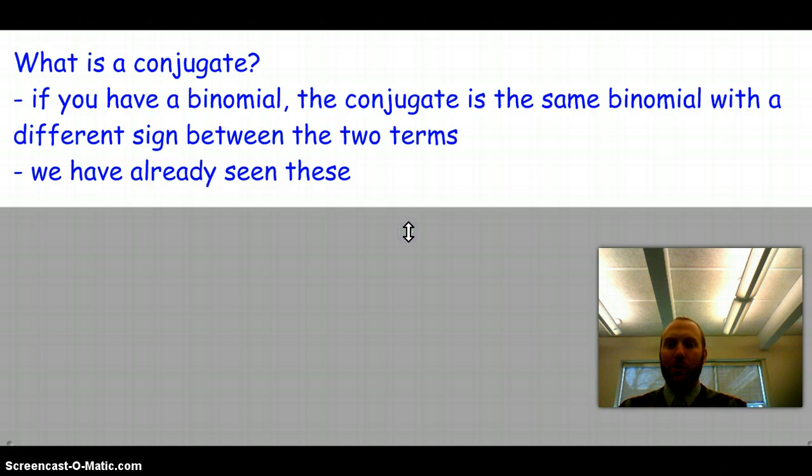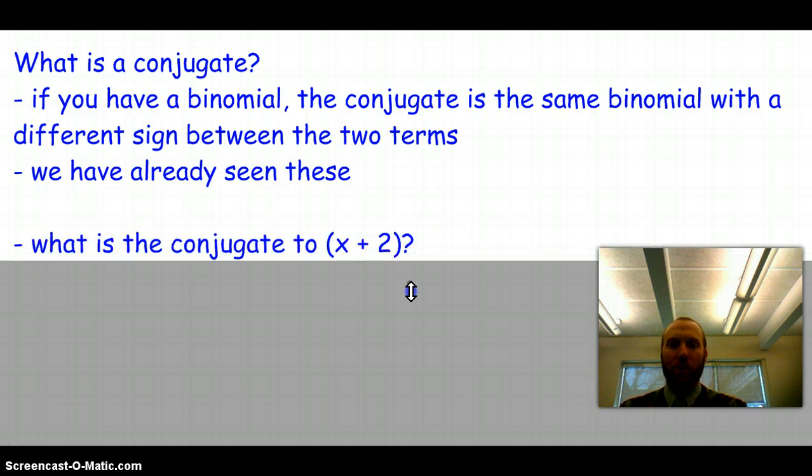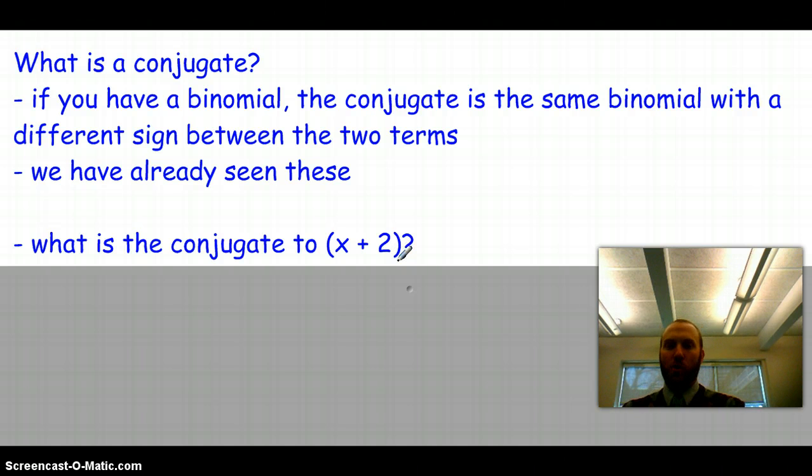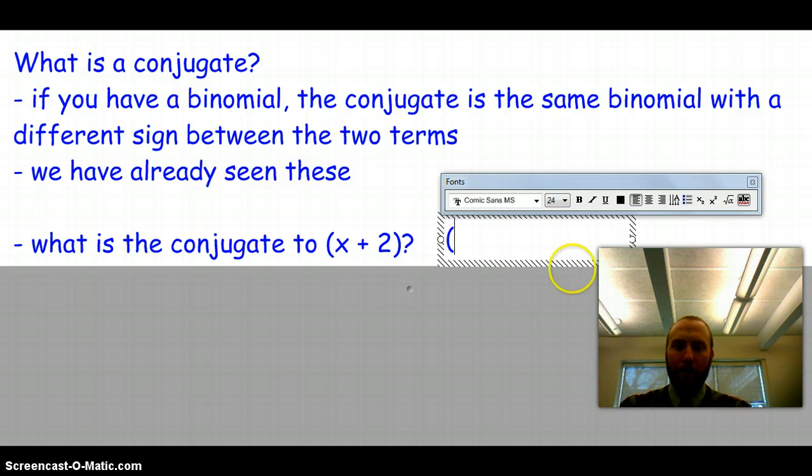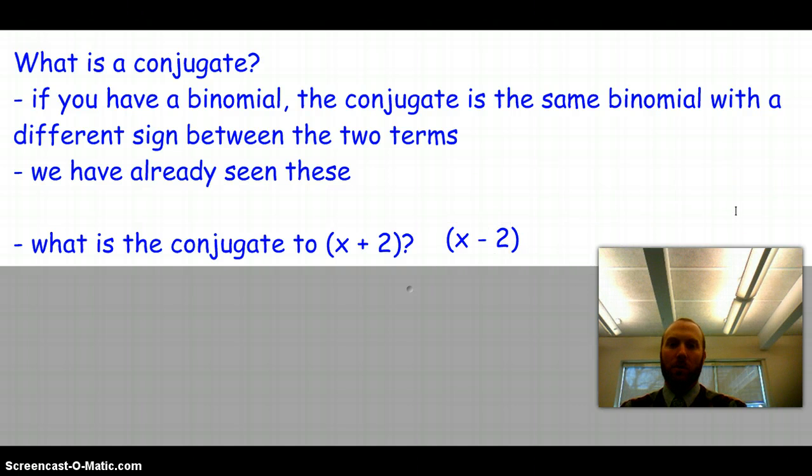We've actually already used these, just like most other things we've done this year. So what is the conjugate of x plus 2? Well, the conjugate of x plus 2 is the exact same binomial with a different sign in between. The conjugate is x minus 2.